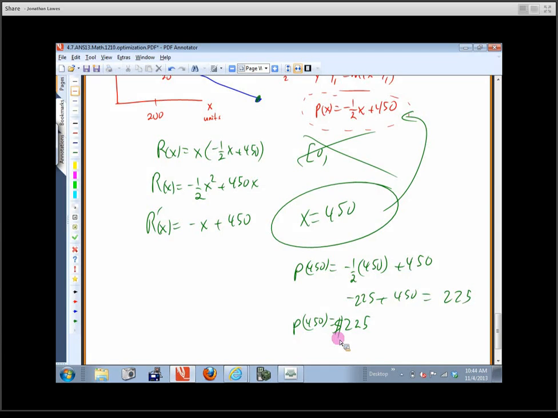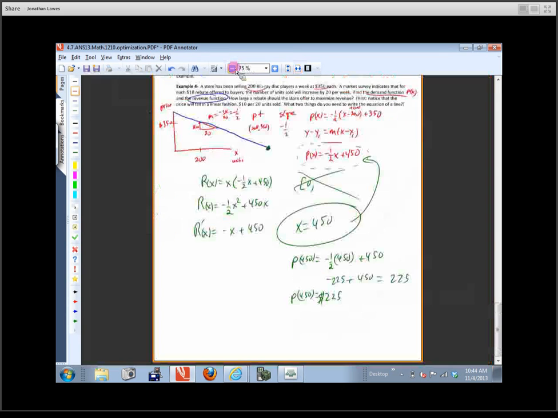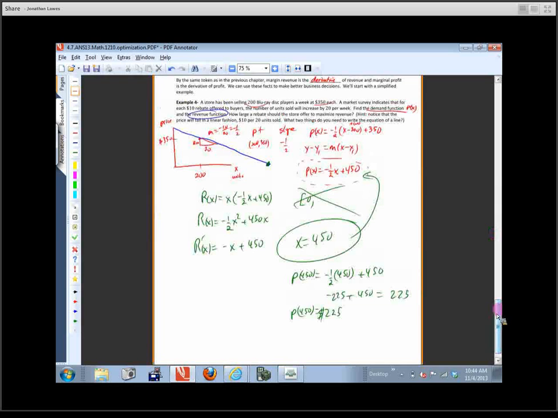Okay? So the way this question is worded, it's a little bit confusing because we're talking about offering rebates. Effectively we're lowering the price. So we want to lower the price from 350 to 225. So we want the price to go down $125.